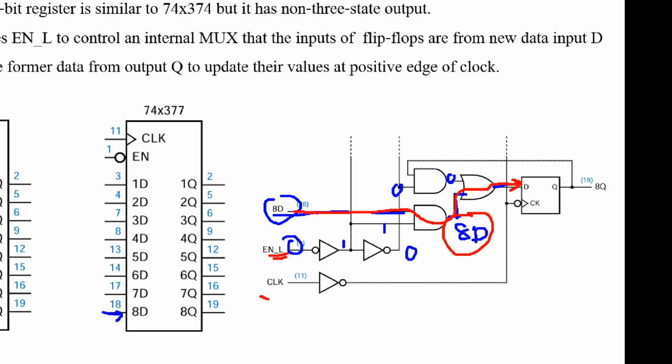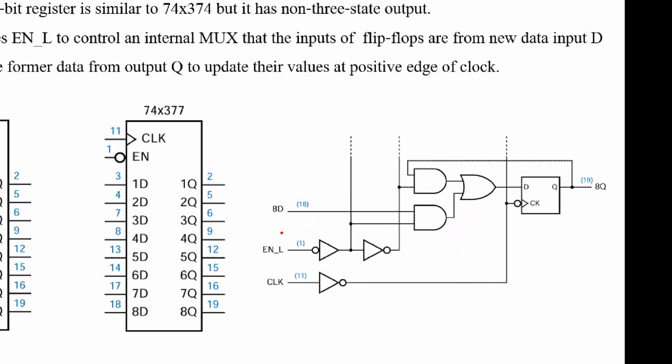That means when the clock ticks, the flip-flop will read the data from this, making the same value as this external data. But if enable is 1, what happens? 0 here, 1 here. So 0 here, so it becomes 0 here. 1 here, 1 and Q, right? So it becomes Q here.